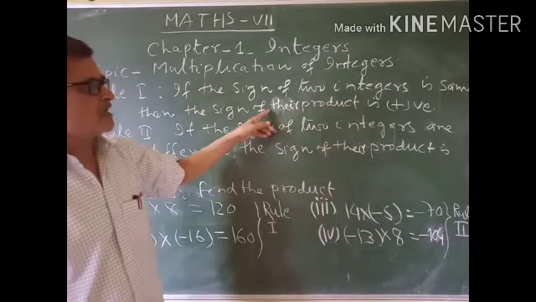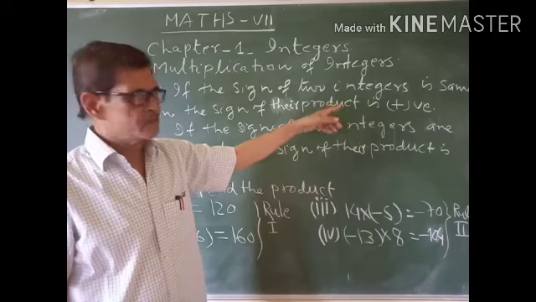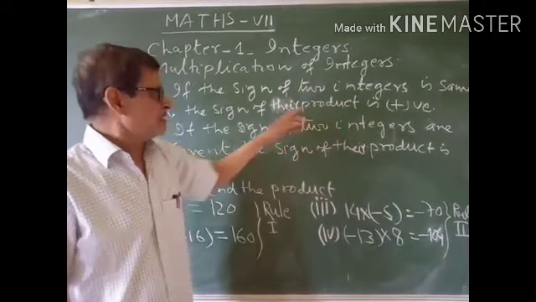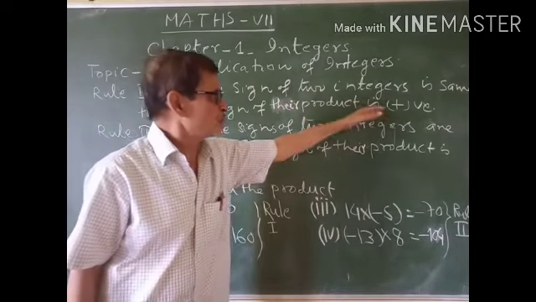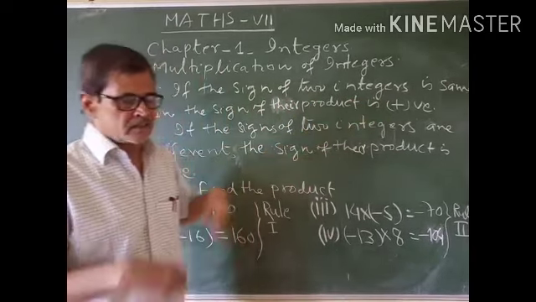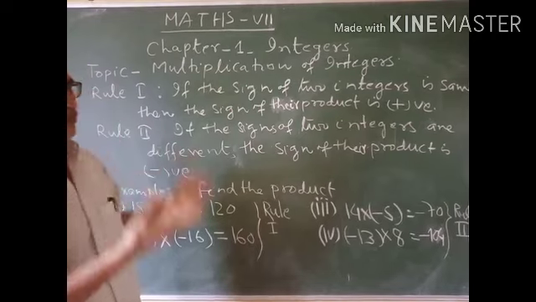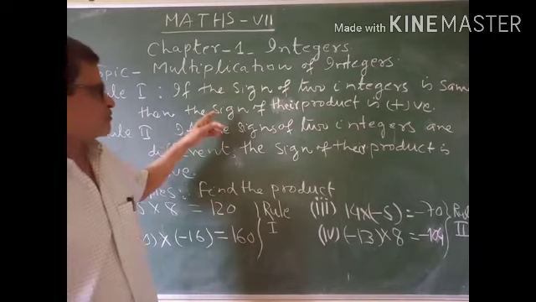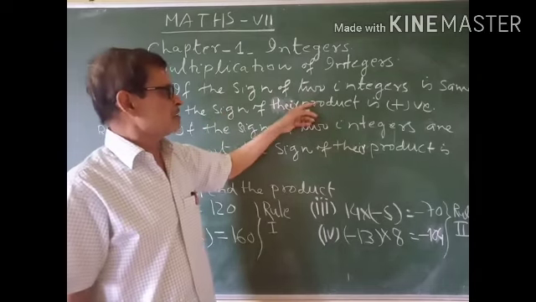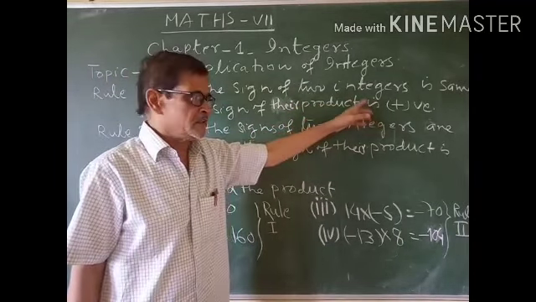If the sign of both integers is negative, then the sign of their product is also positive. If both integers possess the same sign, the sign of the product is always positive.